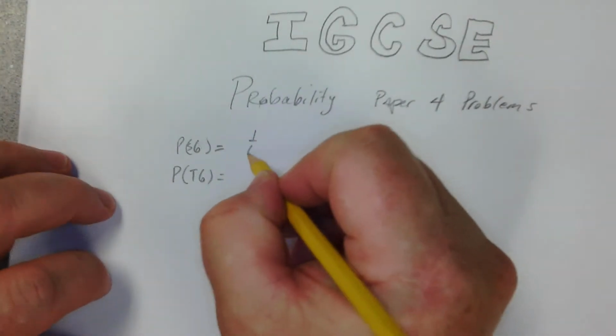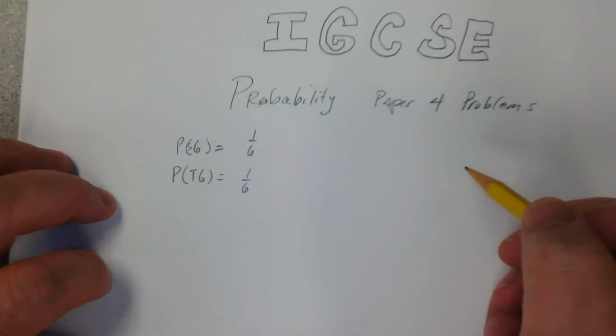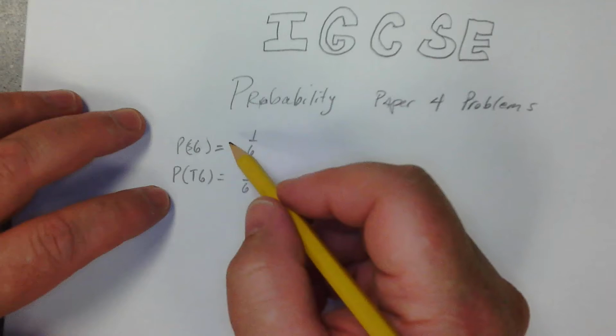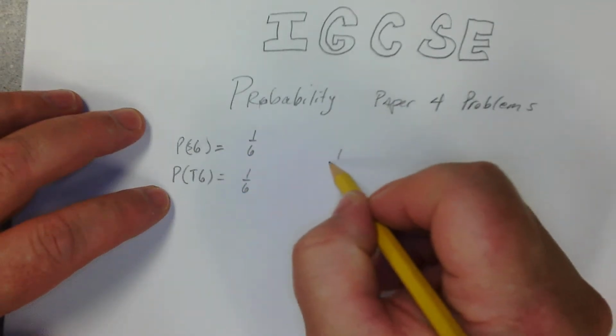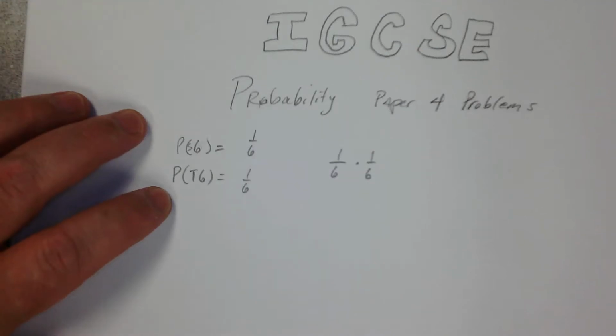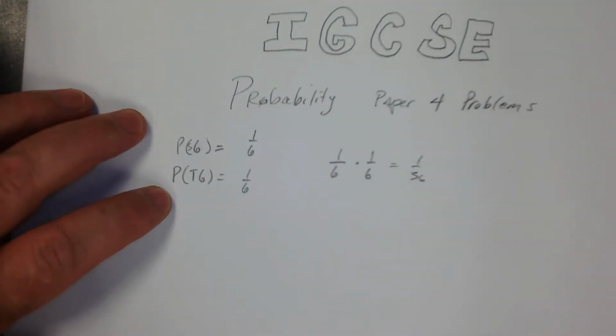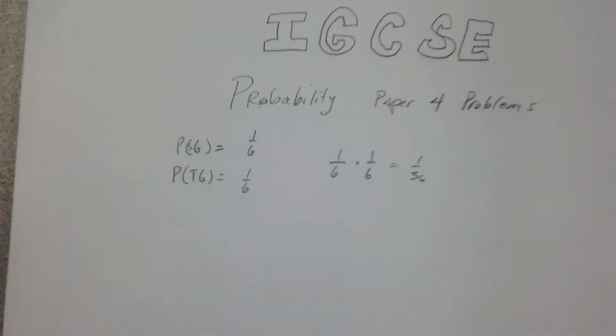Well, this is 1/6, and that's 1/6. So we want to find the probability that this rolls 1/6 and that rolls 1/6. That would be 1/6 times 1/6, and so I do believe that would be 1 out of 36. Good to go? All right, so now, next up.